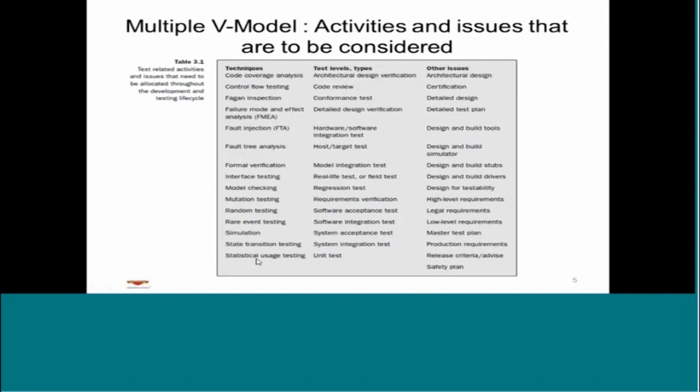These are the techniques that can be considered. It need not be all, some of these based on applicability, and the corresponding test levels or types where they can be applied. For example, code coverage analysis can be applied for design verification, control flow testing for code review.